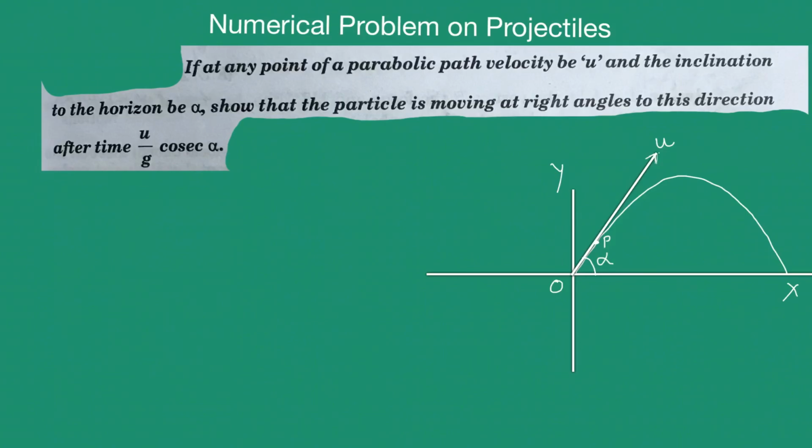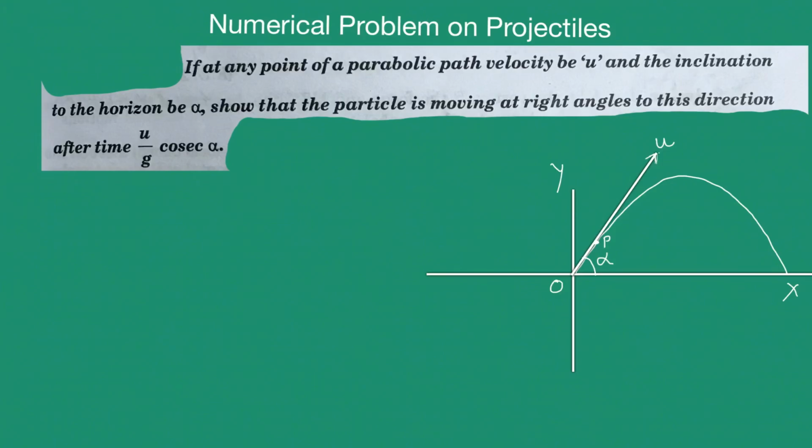Next, show that the particle is moving at right angle to this direction. So the right angle direction will be something like in this particular direction. So the particle will be moving in that particular direction after time t.